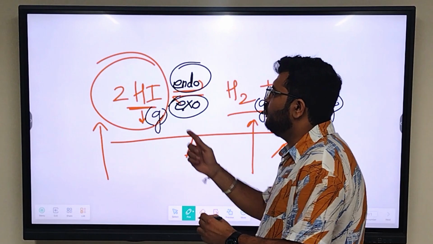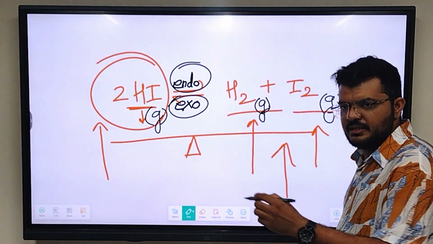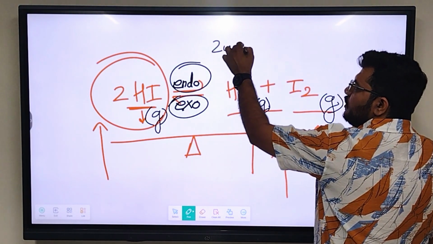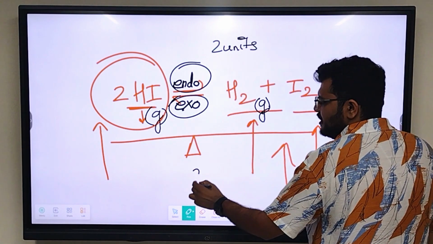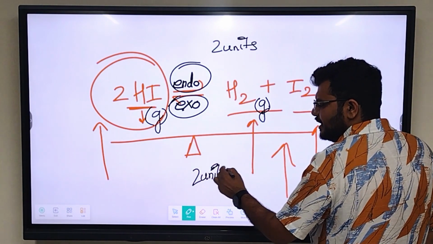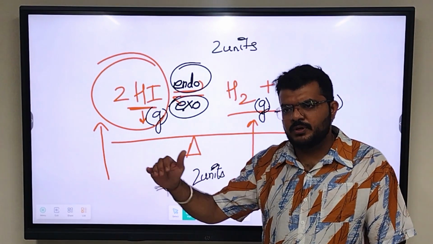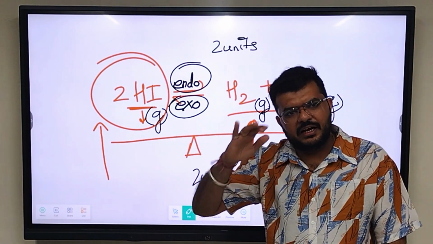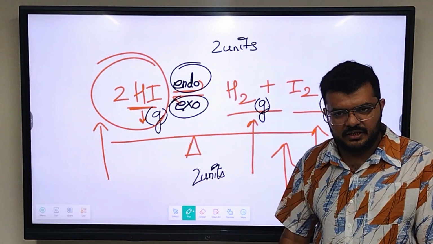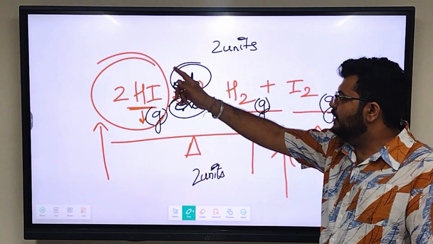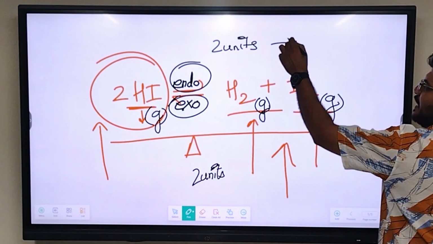The same thing would happen here. Let's say the forward reaction rate is 2 units, and the backward reaction rate is 2 units. Only then it is at equilibrium. But now I increase the temperature, let's say from 500 Kelvin to 600 Kelvin. What will happen? The endothermic rate of reaction will change drastically.